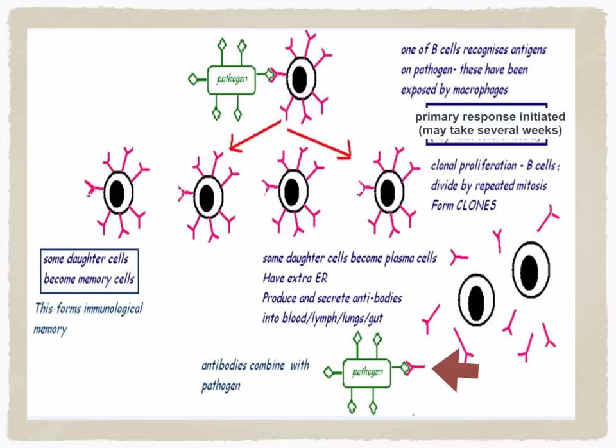Now, although in this diagram it looks like those plasma cells are releasing their cell surface receptors, those in the last bit there, the pink represents the antibodies. The memory cells form the immunological memory, so that there's a faster immune response if the same pathogen invades the body later.